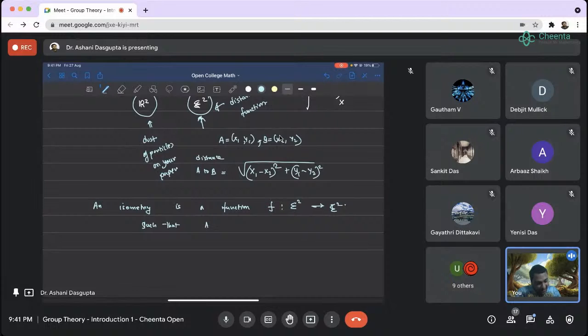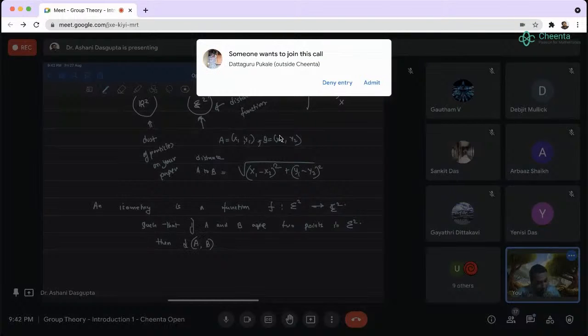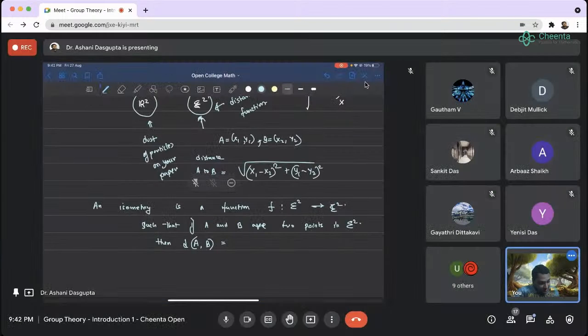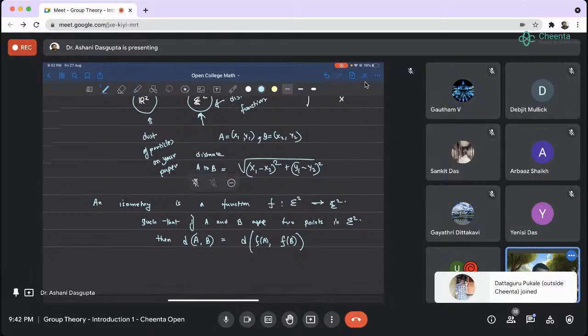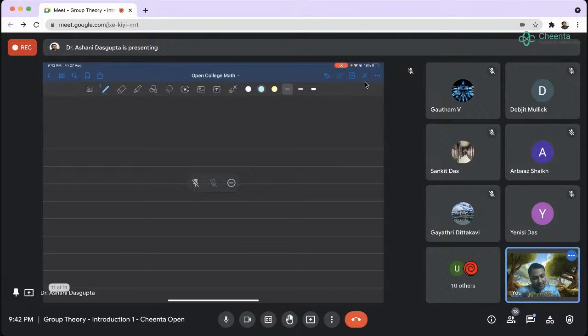if A and B are 2 points in E2, then the distance from A to B is equal to the distance between FA and FB. That is, after you apply the function, where they go, if you compute the distance between the images, you get the same distance. It's a very simple idea.